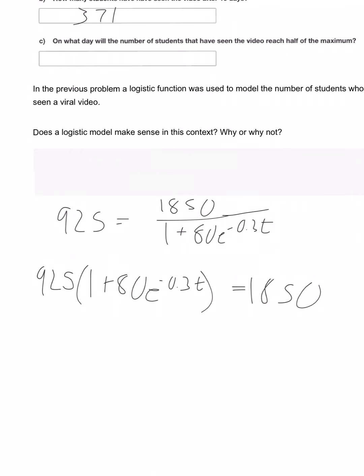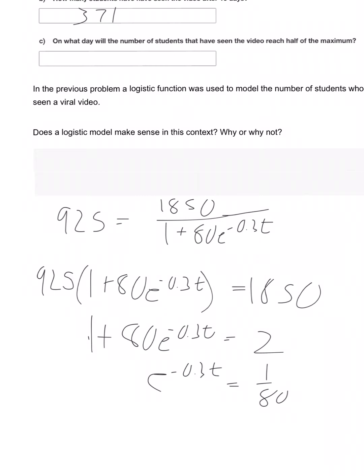Now I want to get rid of this 925, so I'm going to divide that over. Now I can do a little more work. So then 1 plus 80 e to the negative 0.3t is equal to 2. And then move the 1 over, divide by the 80, and I have e to the negative 0.3t is equal to 1 over 80.